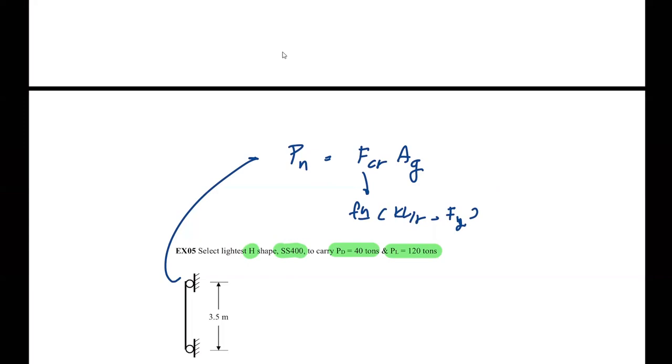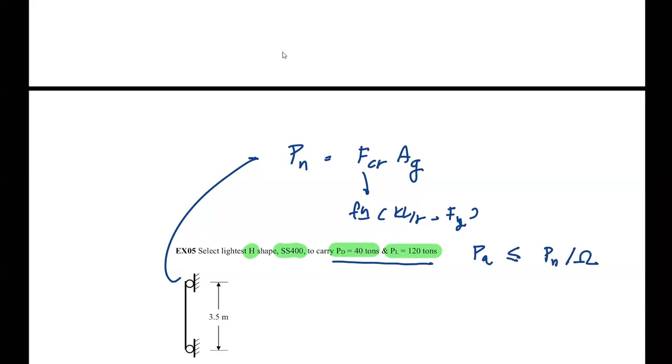But then what we can do is now very simple because of the design table. You have the load, and your design equation is such that your PA must not be greater than your nominal strength divided by factor of safety.